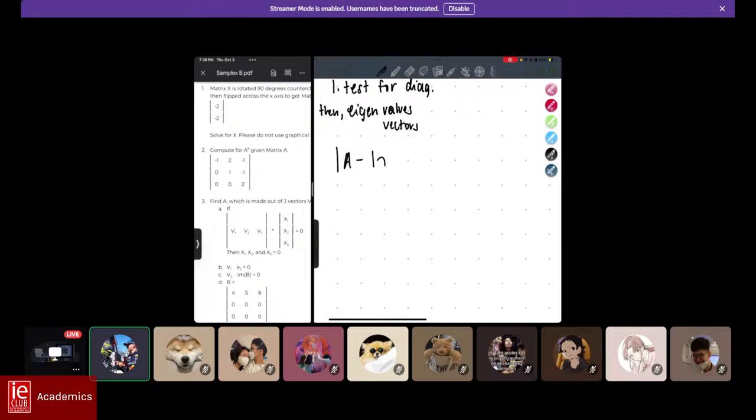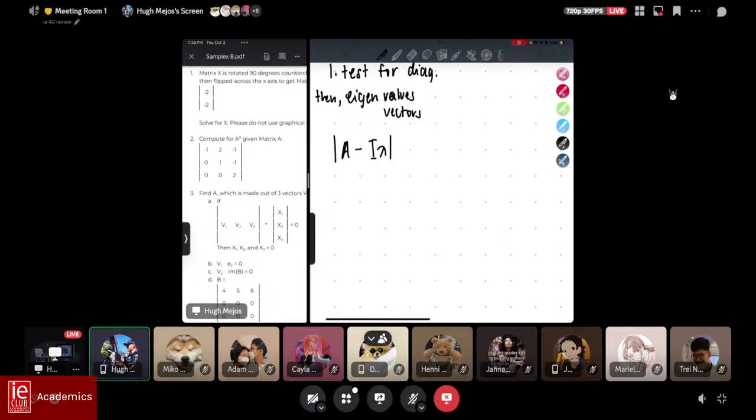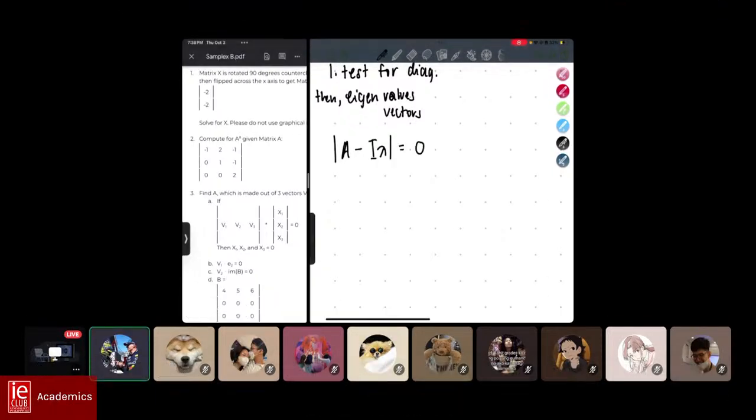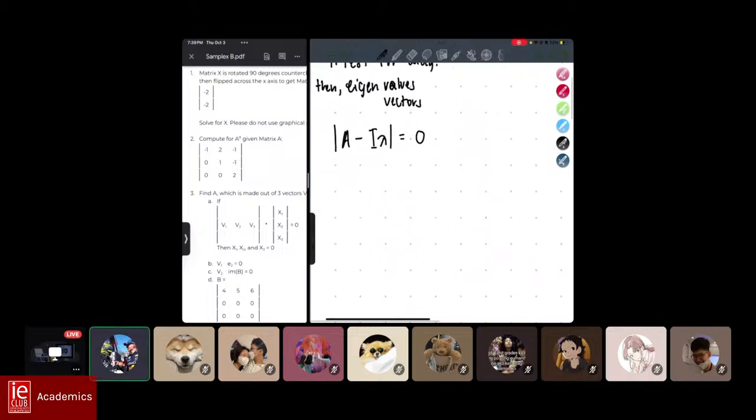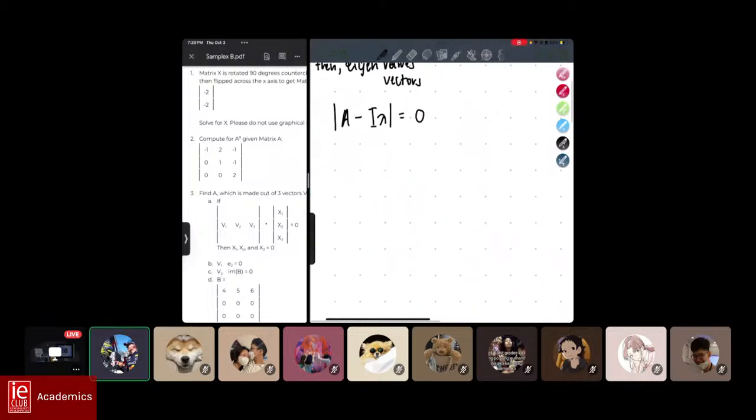You can just do this at the same time. So let's use the characteristic equation, or the equation with the characteristic polynomial, to find the eigenvalues. So it's effectively in this form.